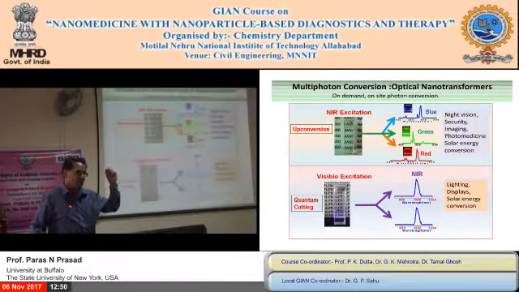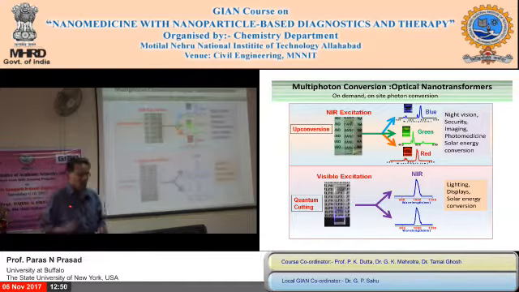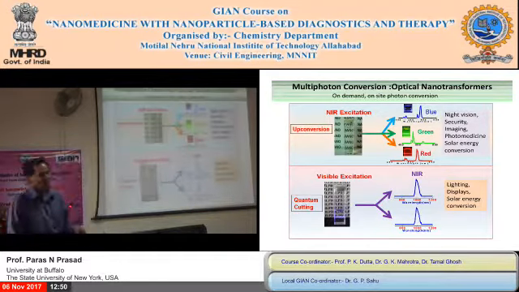I may find it easier for light of one wavelength to go deep inside a medium like a biological medium. For example, infrared light can go deep inside, but when it goes to the disease site, that infrared light may not be active.